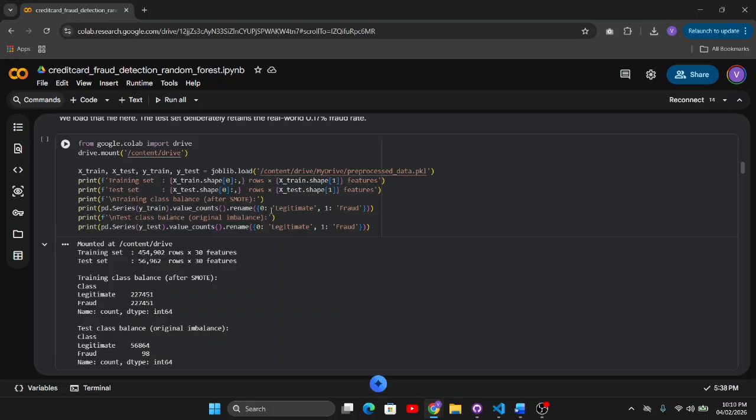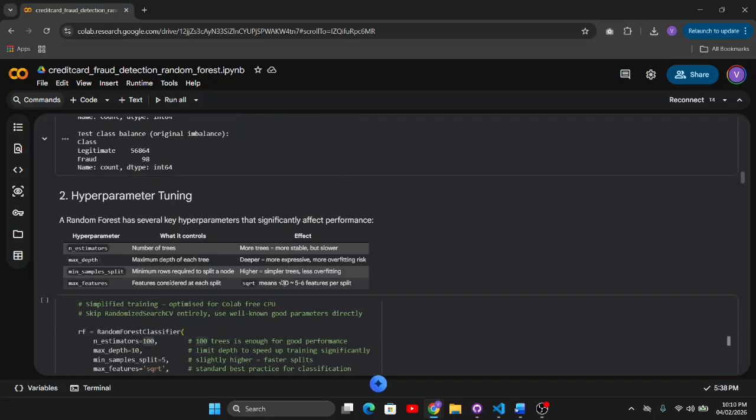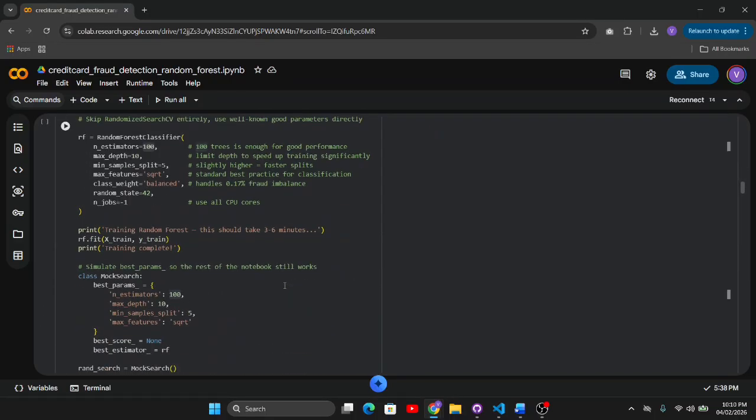After our shared preprocessing with the standard scaler, an 80/20 stratified split and SMOTE on the training set only, my training data had 454,902 rows, and the test set had 56,962 rows. I trained with 100 trees, max depth 10, square root features per split, and balanced class weights.